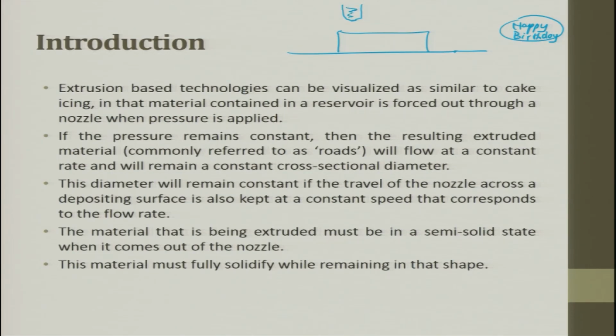This cone is filled with icing, and the hopper is allowed to move in the XY direction, generally with our hand. Inside the hopper we have icing material, that is sugar powder mixed with some butter, in a very viscoelastic state.